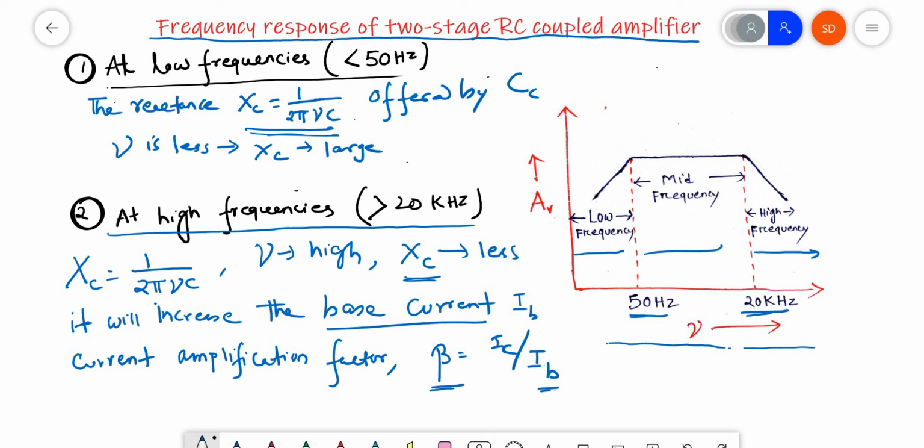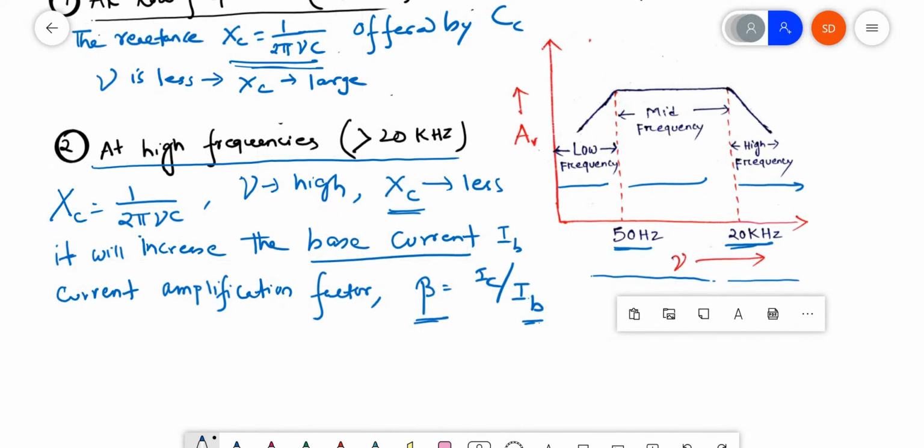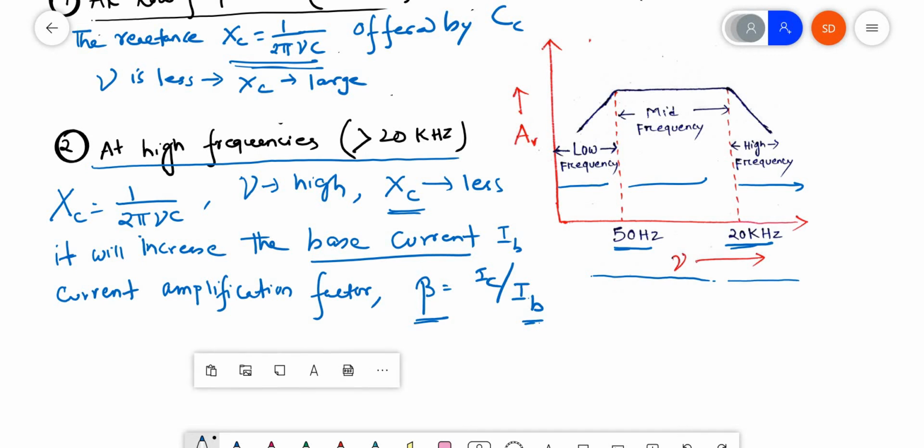That means the gain is reducing. Also, due to loading effect, the gain of the amplifier will reduce. If the base current increases, there will be loading effect, and in this case also the gain will reduce.